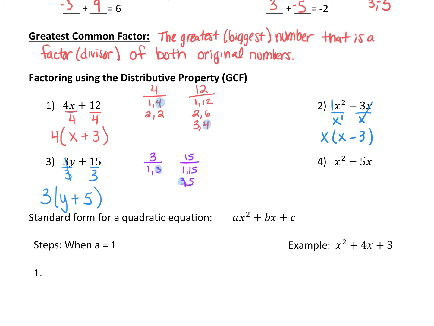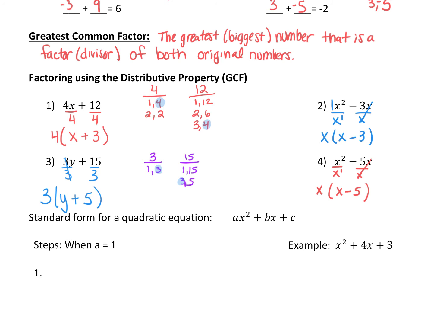So 3 times y plus 5. In this last one, similar to the one above it, I have x squared and negative 5x. So they both have x in common. So I'm going to take out an x, and I'll be left with x minus 5. Because x squared divided by x to the first will leave me with x. 5x divided by x will leave me with just negative 5.